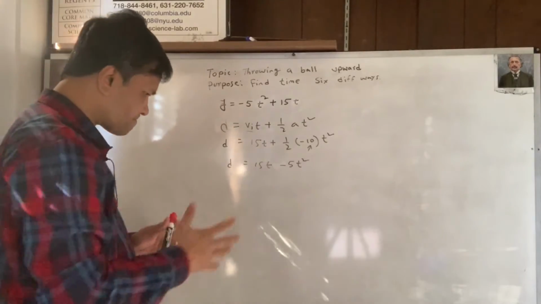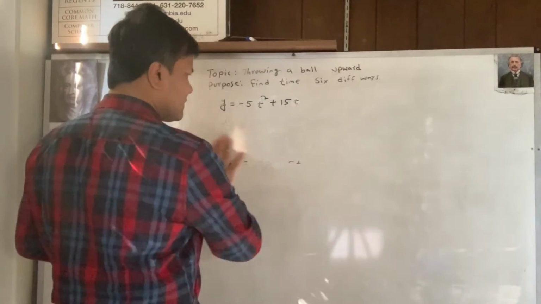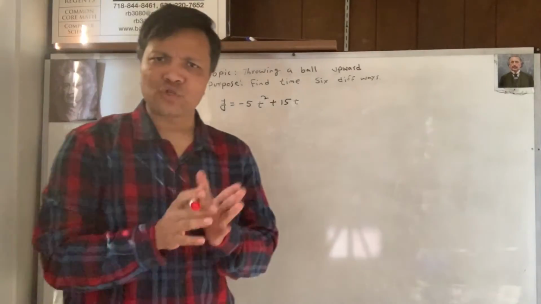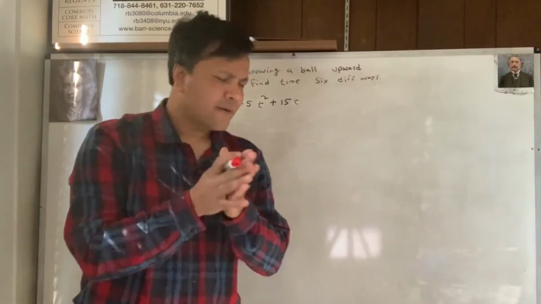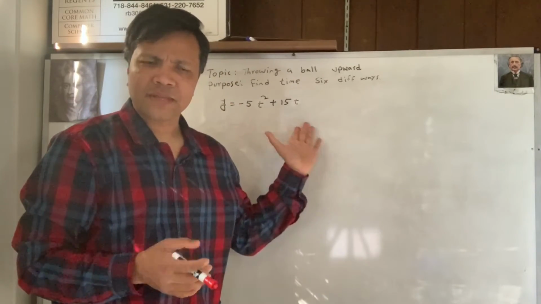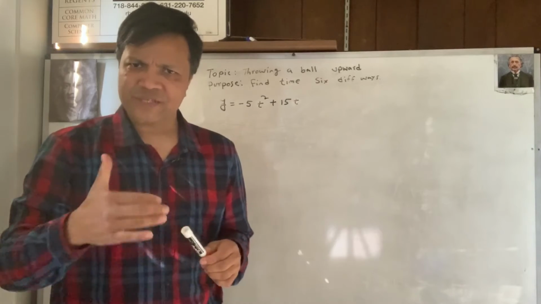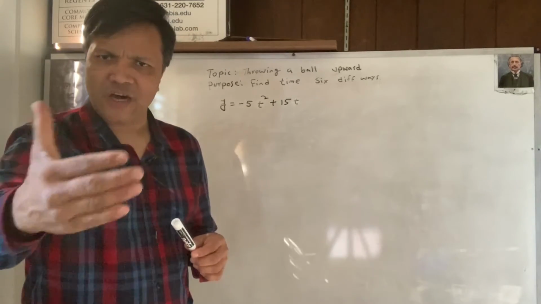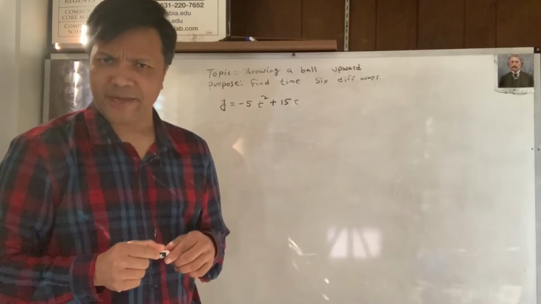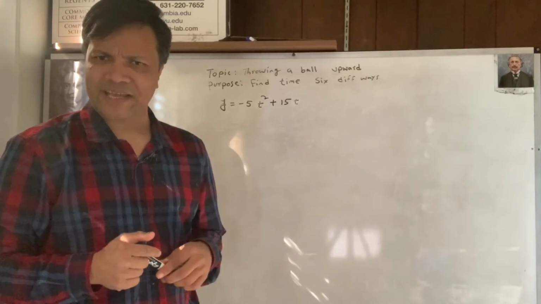All right, now let's see if you still don't see this is throwing up. You draw a picture, you see the geometric version of the same story, throwing up a ball in the air with 15 meters per second.